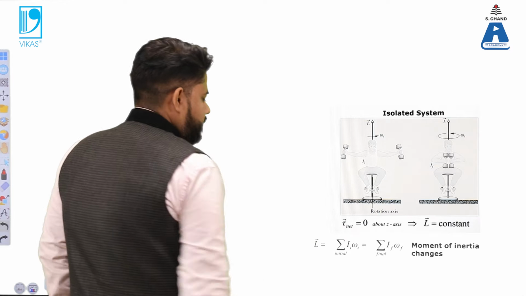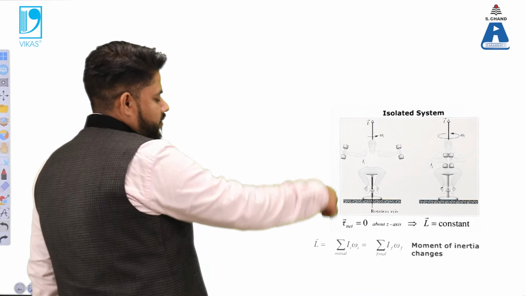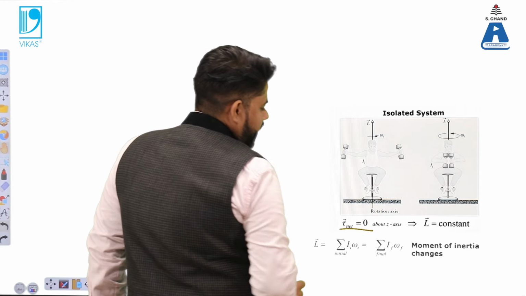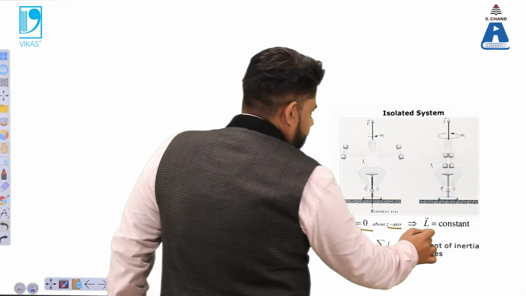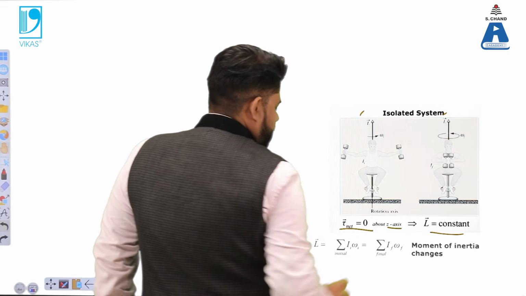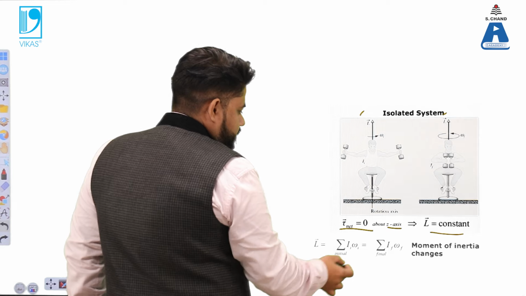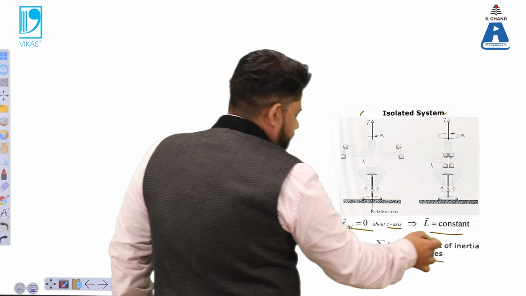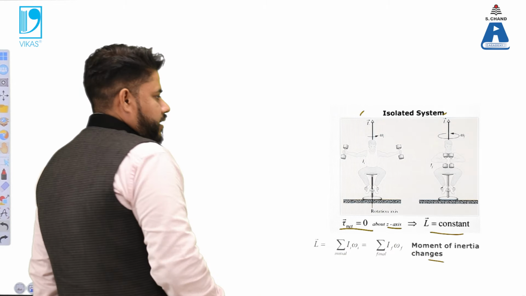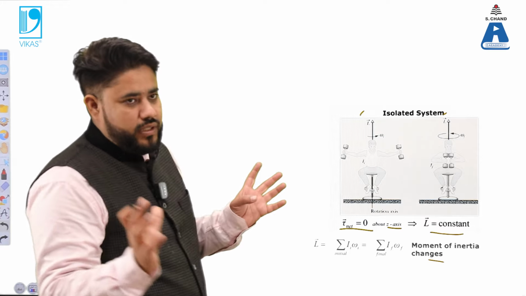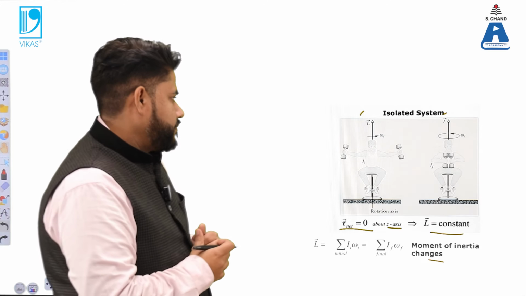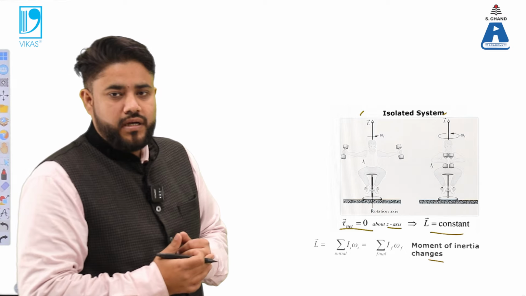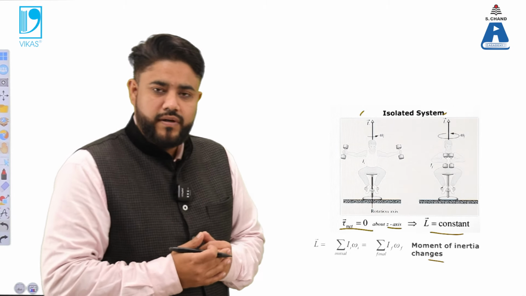The reason is this isolated system in which there is no net torque about the z-axis, and angular momentum remains conserved. So the moment of inertia changes, which means there is a change in the angular velocity.